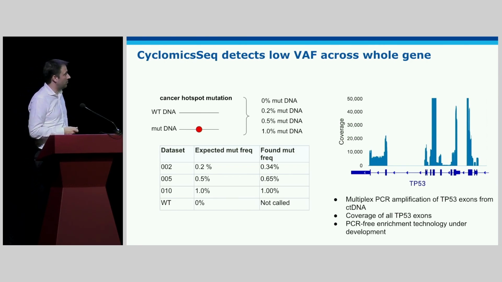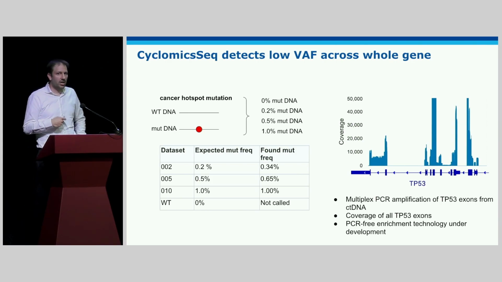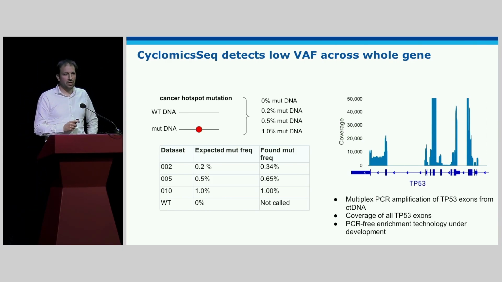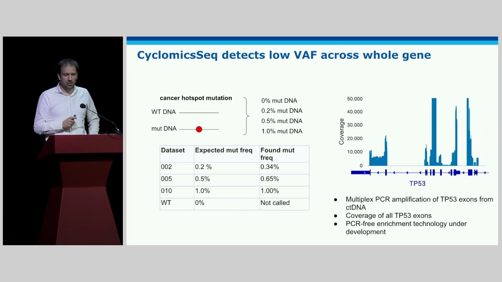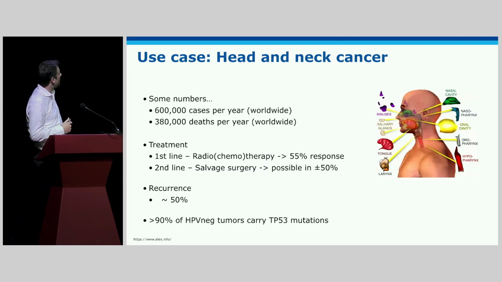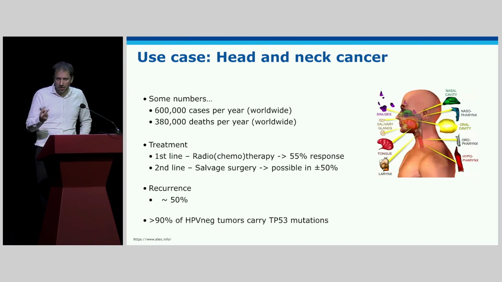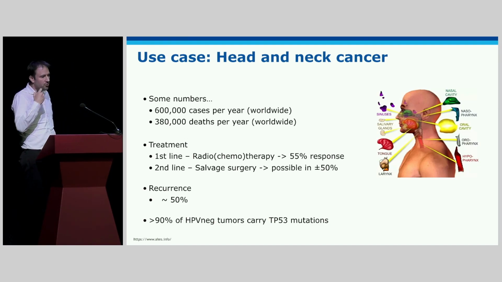So that's what you see over there. We can adequately cover all these exons, and we're actually currently also working on PCR-free methods to do this enrichment, because we have seen that the PCR induces a few errors that we would like to get rid of.